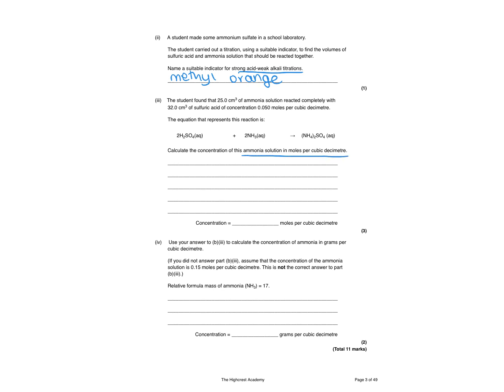Okay, so first of all, we know the volume of sulfuric acid and we know the concentration. So we know that moles is concentration times volume. So we're going to find the number of moles of sulfuric acid.